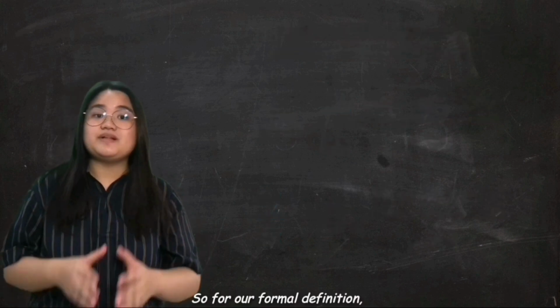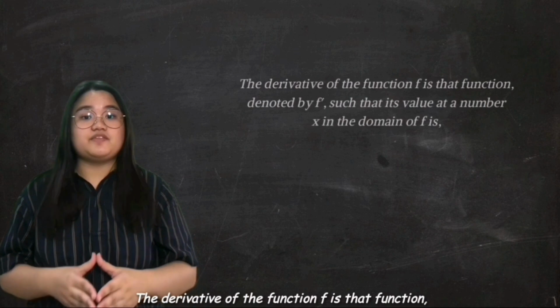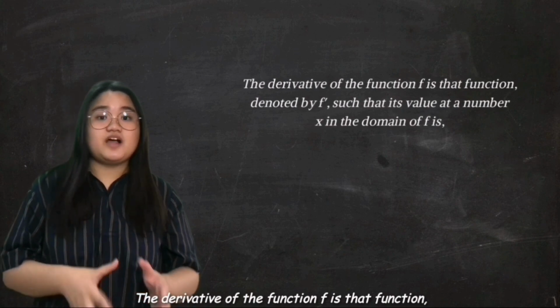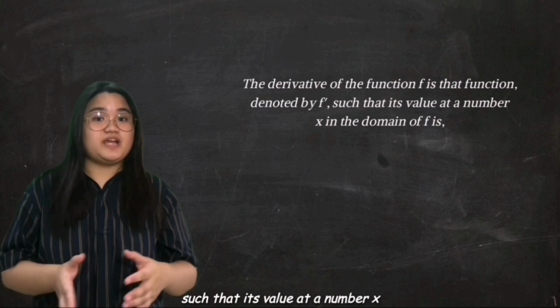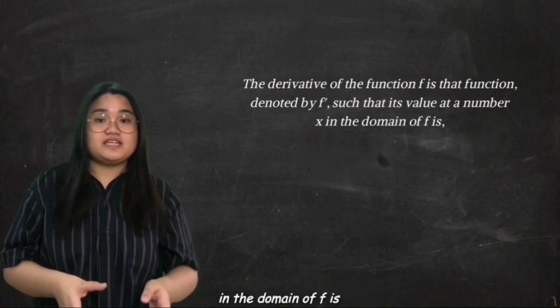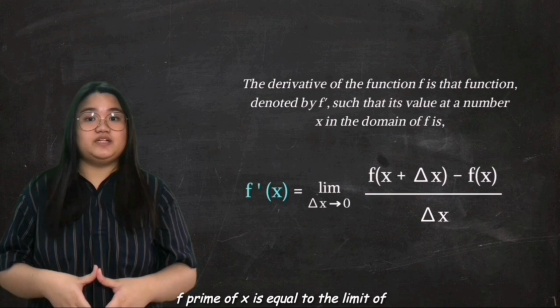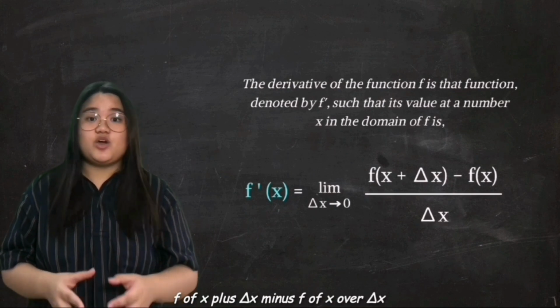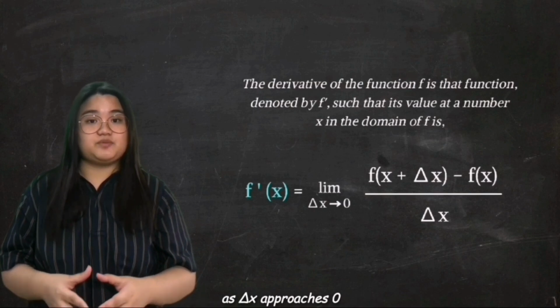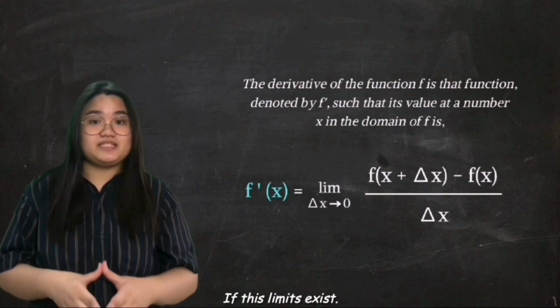So for a formal definition, the derivative of the function f is that function denoted by f prime such that its value at a number x in the domain of f is f prime of x is equal to the limit of f of x plus delta x minus f of x over delta x as delta x approaches 0, if this limit exists.